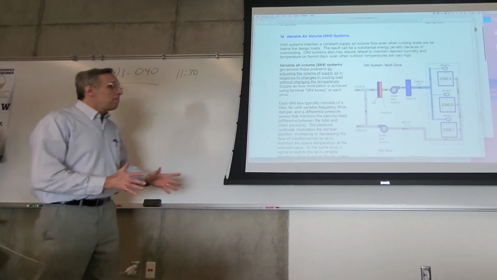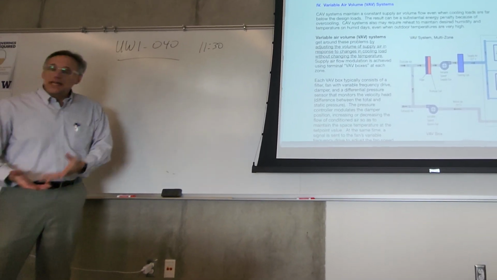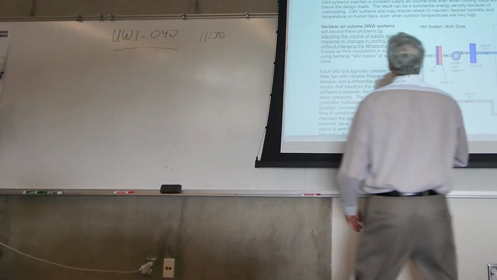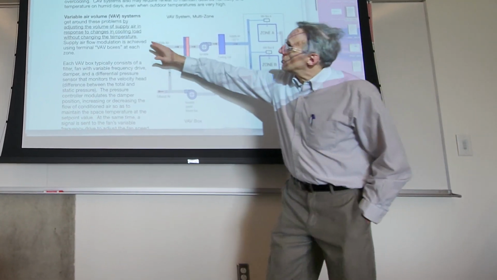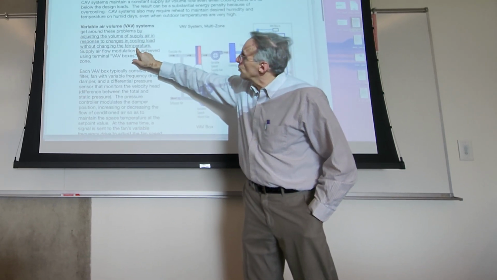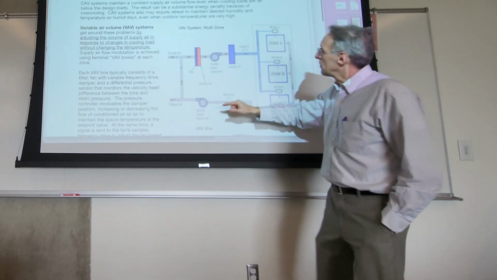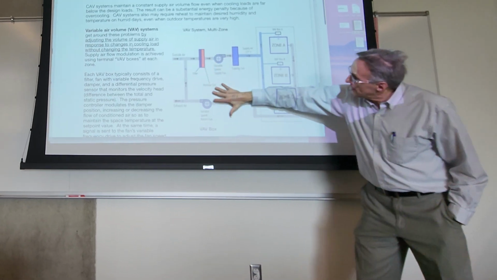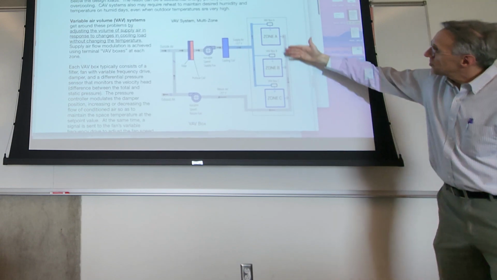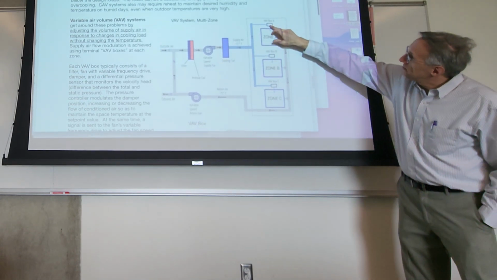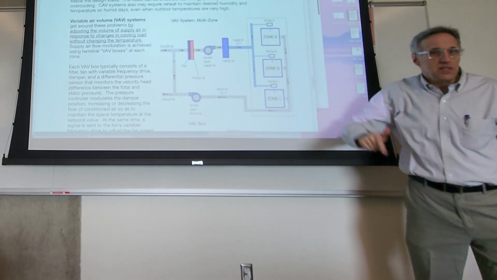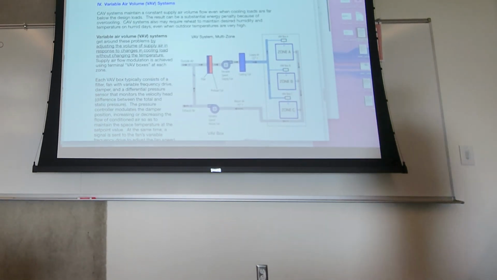Okay, so to combat the problem of having to reheat and to not have good temperature control, variable air volume systems adjust the volume of the supply air in response to changes in cooling load without changing the temperature. So a lot of it kind of looks the same. The difference is, instead of just a reheat coil, there's a box called a VAV box, a variable air volume box.